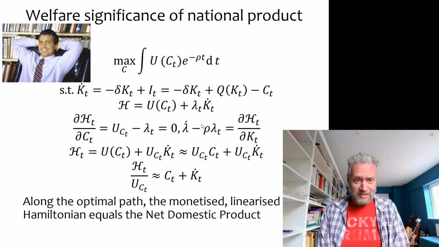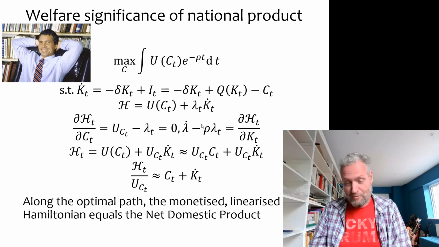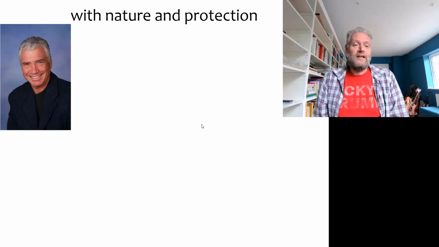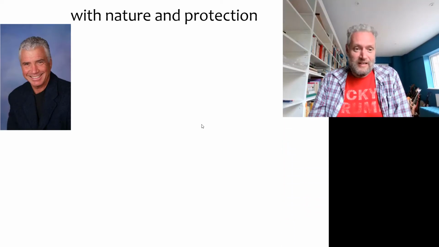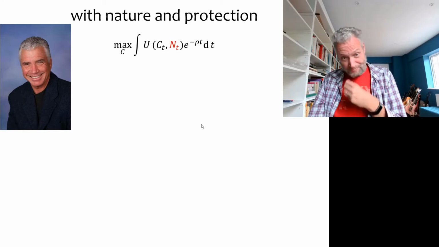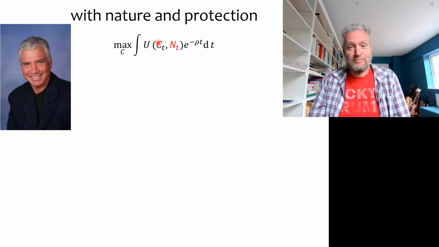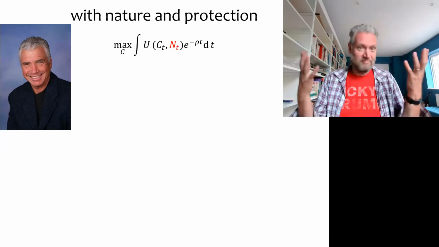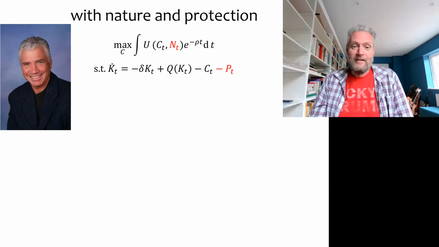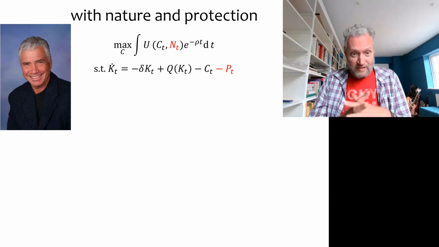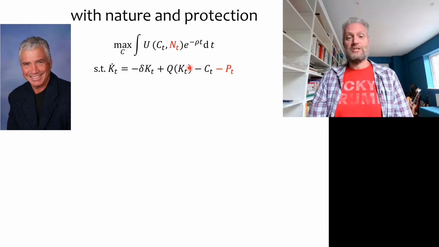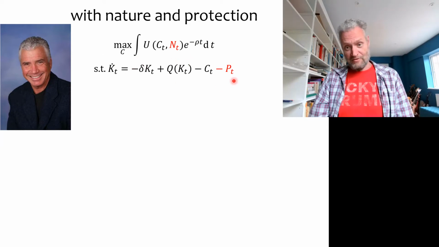Now, there's a pretty powerful insight by a young Weitzman. An older Weitzman added nature and conservation into the equation. So now we assume that our utility function doesn't just depend on our consumption, but also depends on the natural environment N. We still have our equation of motion for capital, that is, the change in the capital stock is how much we invest minus how much we depreciate.